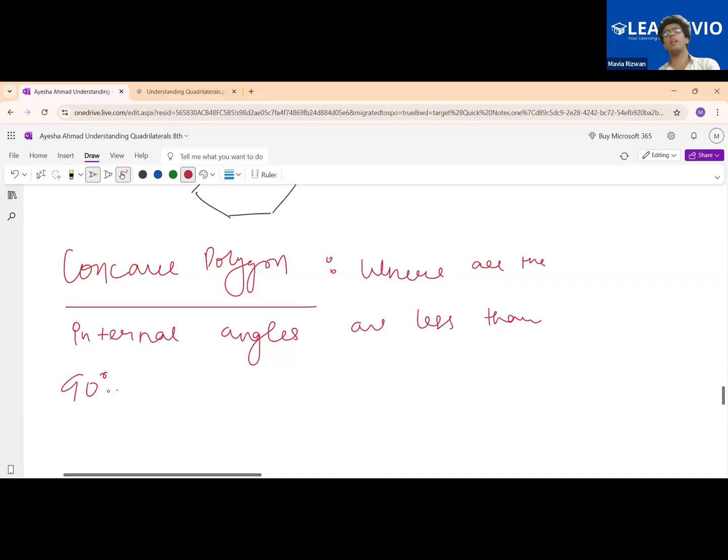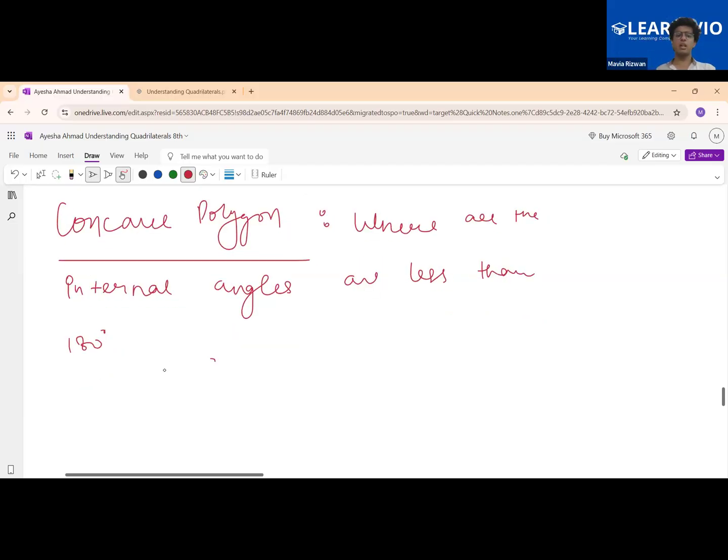So where all the internal angles are not 90 degree, 180 degree, or less than 180 degree, or basically all the, you can say, obtuse angle or the external angle are greater than 90 degree. Suppose basically very simple.